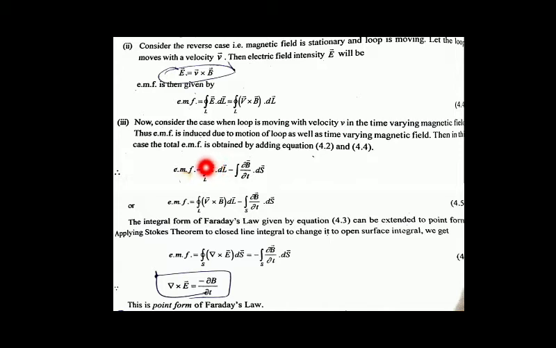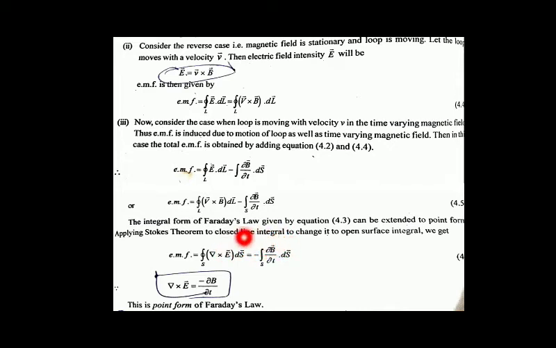So in place of E dot dl, we put del cross E. So you can see the open surface integration of del cross E dot ds, which is also equal to minus dB by dt.